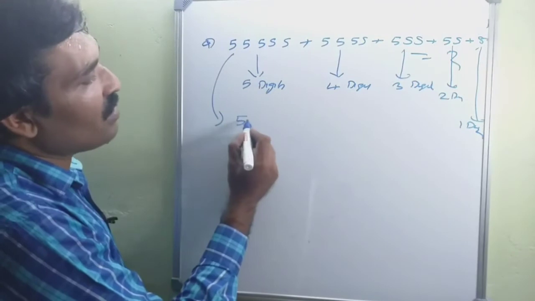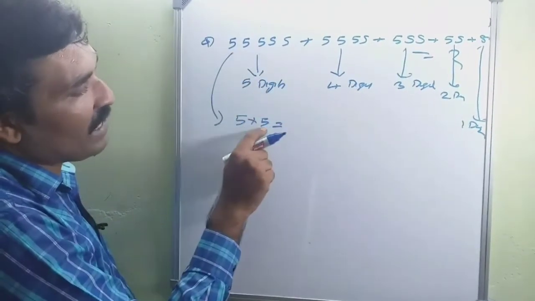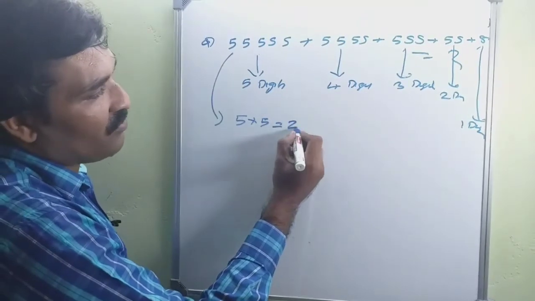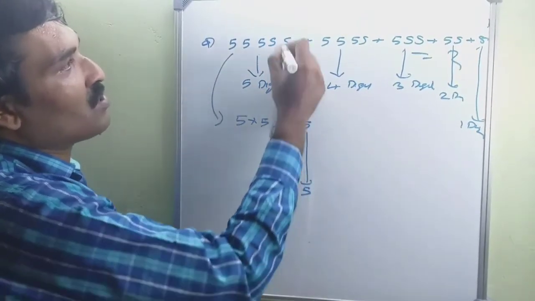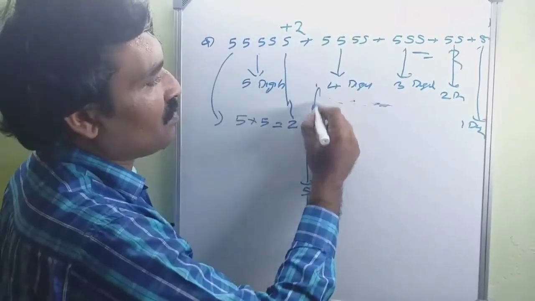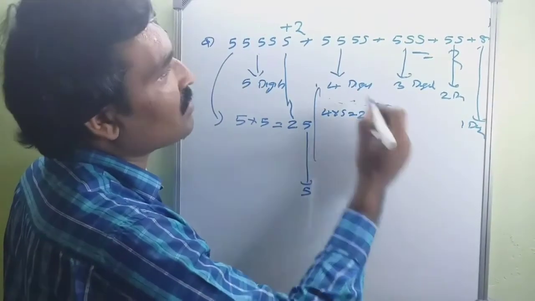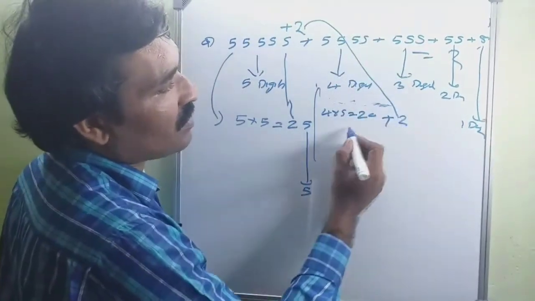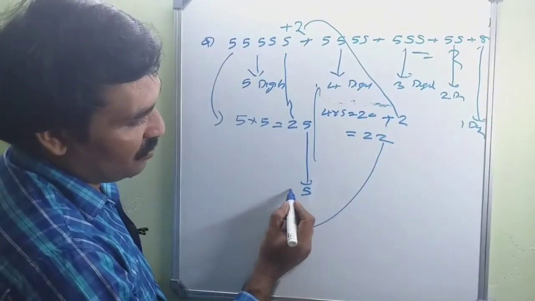So 5 into 5, here all are 5. So 5 into 5 is equal to 25. Put 5 here, and 2 goes to plus 2. This is added up with this term. Now this is 4 into 5 is equal to 20, plus this 2, that is equal to 22. This 2 comes here.